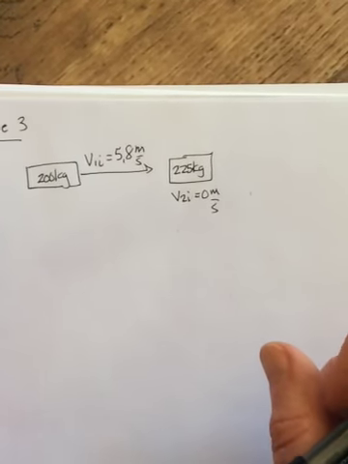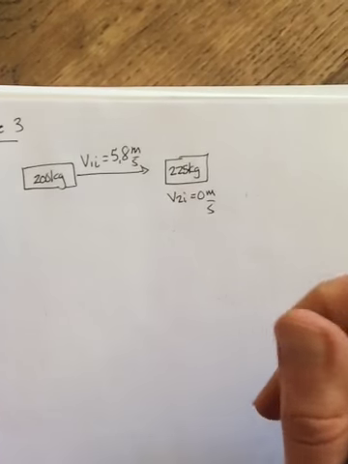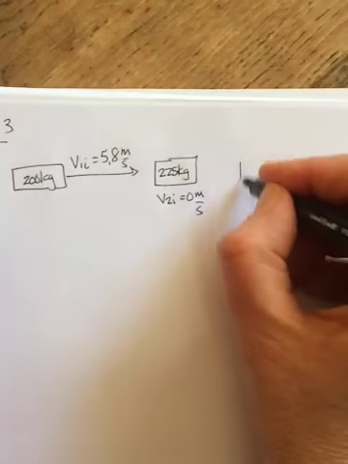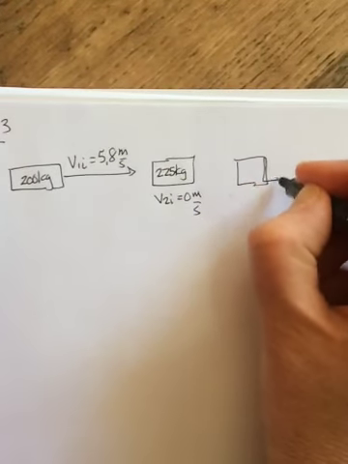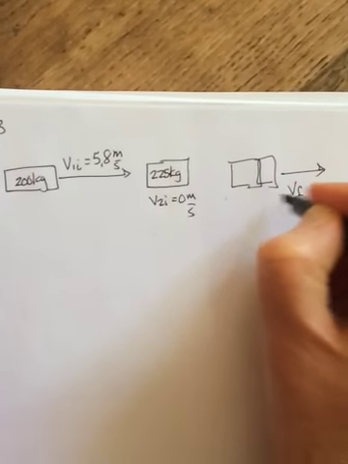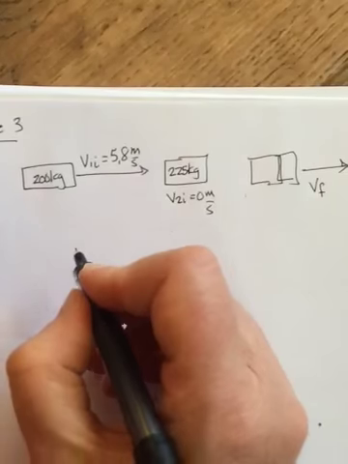When the carts collide, they lock together. With what velocity do they move off with immediately after the collision? So after they collide, they become somehow attached, and they're going to move off with some v final. That's going to be the same for both of them.